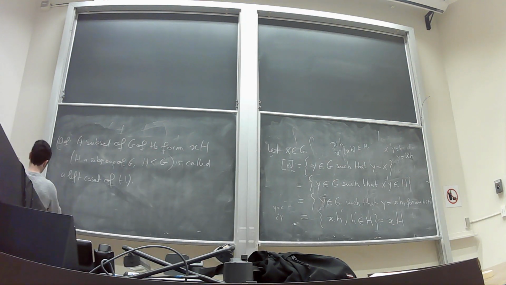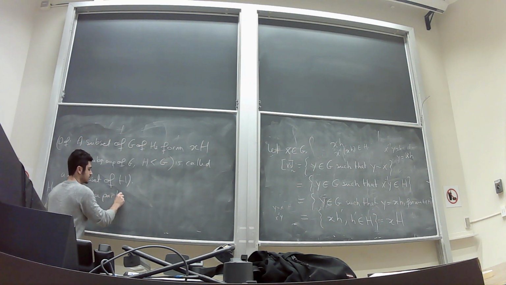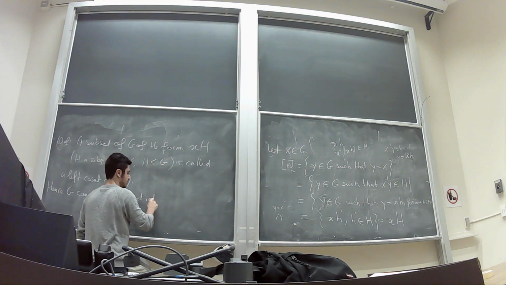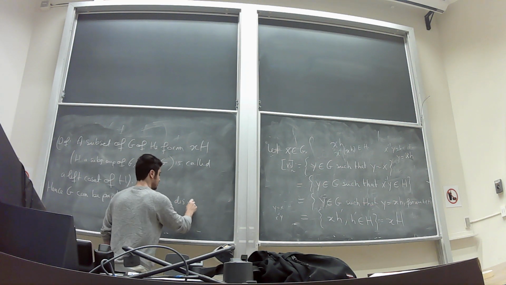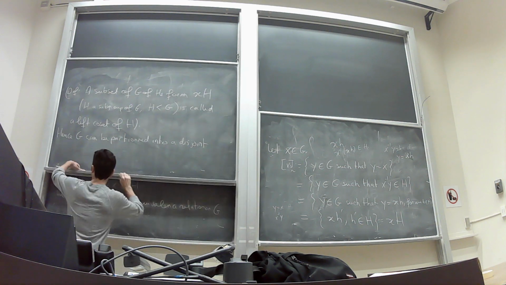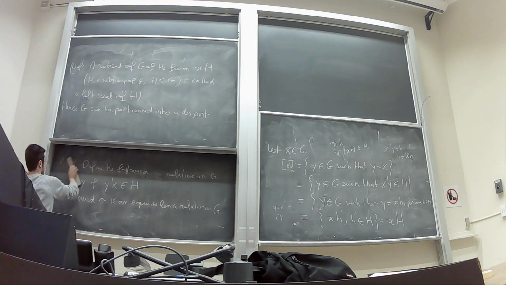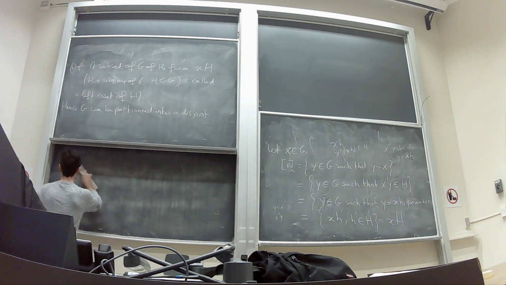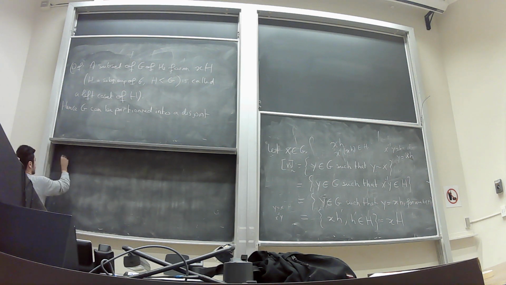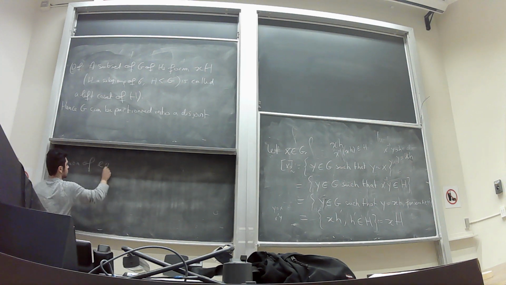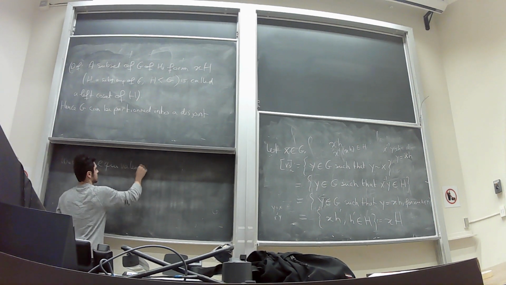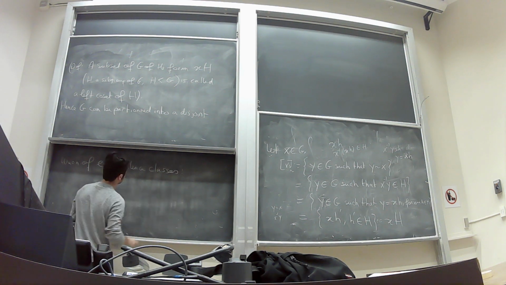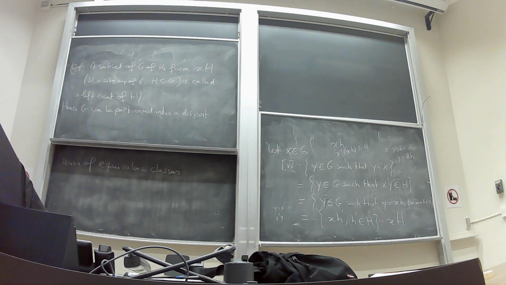Now, hence, G can be partitioned into a disjoint union of equivalence classes. Agreed? So into a disjoint union of left cosets.